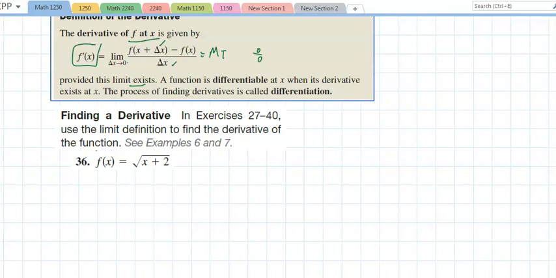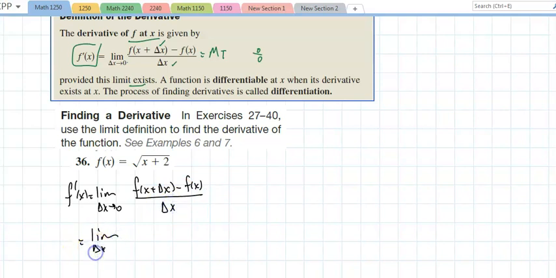Let's do a radical. So what is f prime of x? It's the limit as delta x approaches 0 of f of x plus delta x minus f of x all over delta x. That would be the limit as delta x approaches 0.